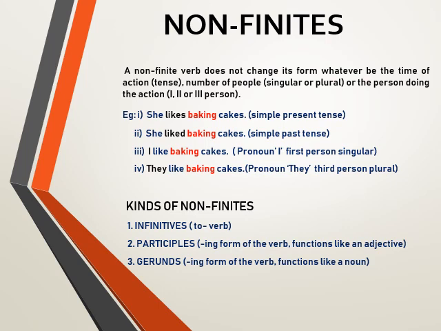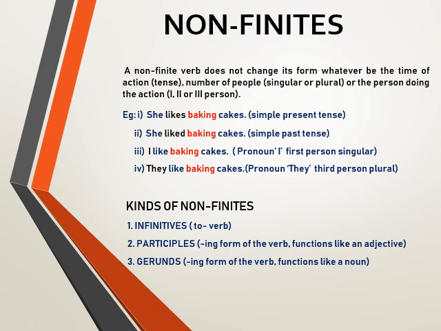In the fourth sentence, they like baking cakes, the pronoun they is in the third person plural, but the verb baking remains the same. So, the verb baking is a non-finite verb as it has not changed with the change in tense, number or person.